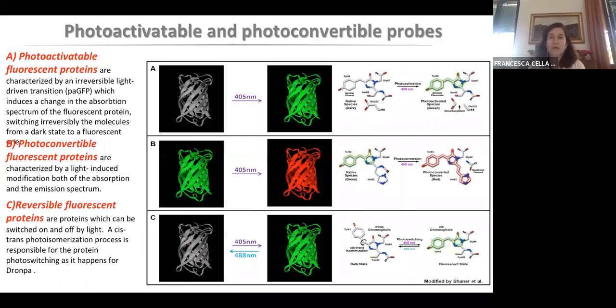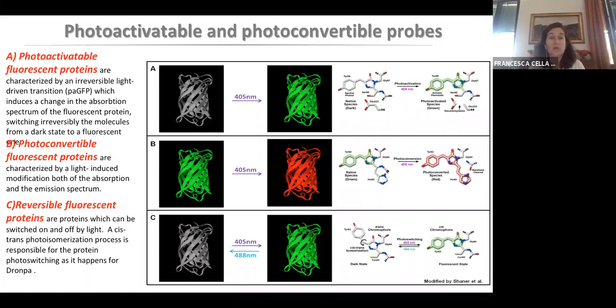This protein has no absorption spectrum before being illuminated with a 405 UV laser usually, and it becomes fluorescent after irradiation with the photoactivation laser. This means the molecule was not a fluorescent molecule before photoactivation, and it becomes a fluorescent molecule. This is the way you can play the on-off game.